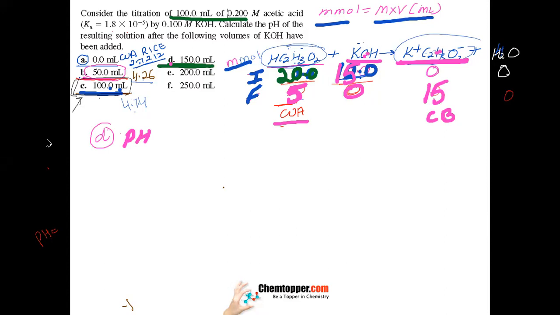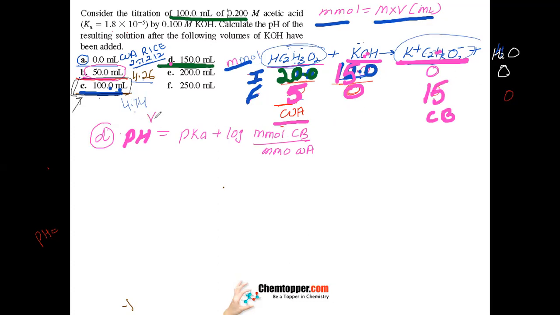So pH at the D point is equal to pKa plus log of millimoles of the conjugate base over millimoles of weak acid. Remember, I changed the equation. If you have a problem with the equation, you don't want to change it, it's okay. But you know that volumes are same for both of them, they are in the same volume.